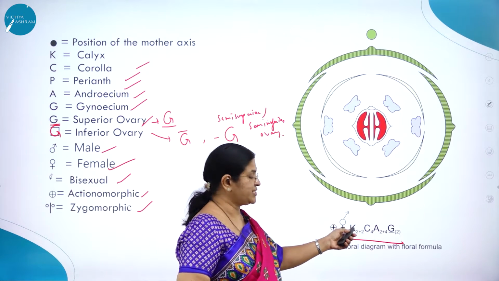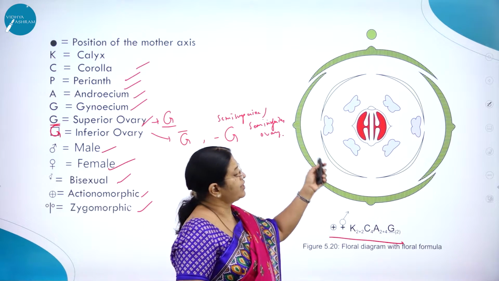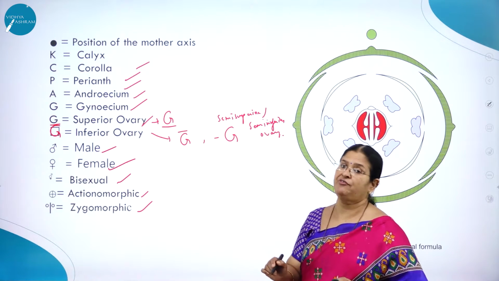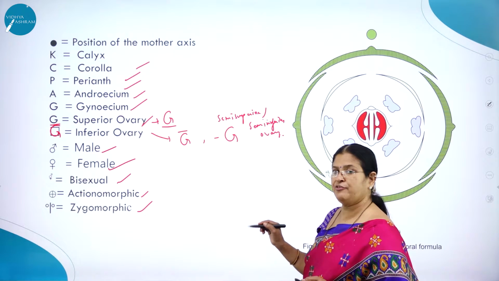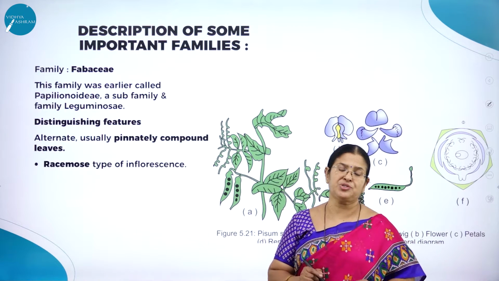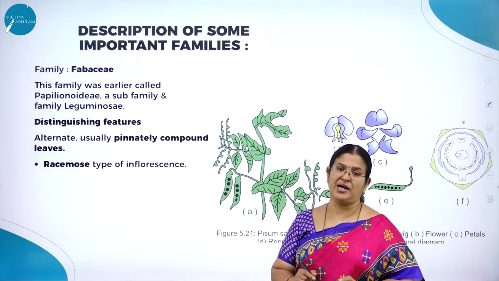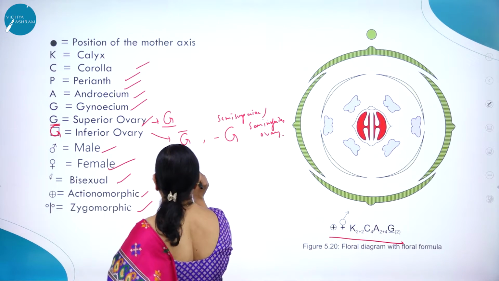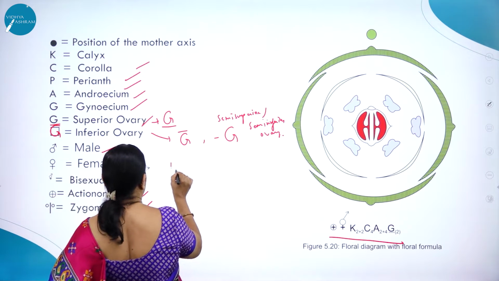And thereon, by seeing this floral formula, you can draw the floral diagram. So the whole structure of a flower is represented by the floral formula and floral diagram. Hope you have understood how to write the floral formula and floral diagram. There is one more thing you need to write, for example, epipetalous condition.